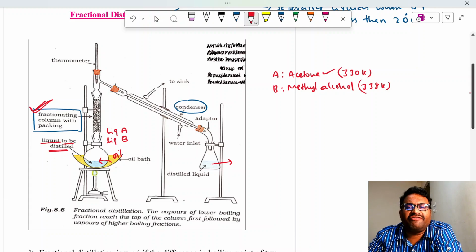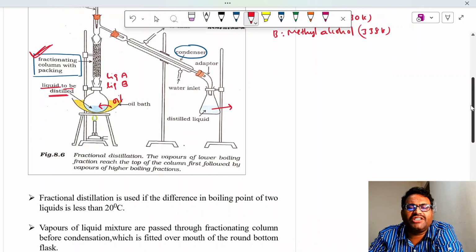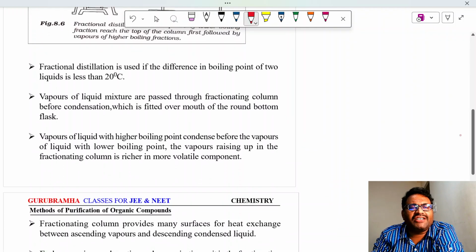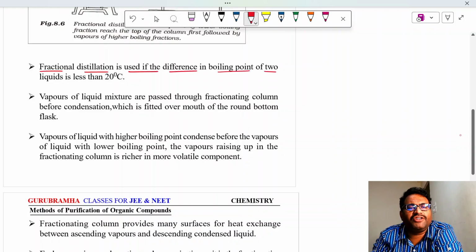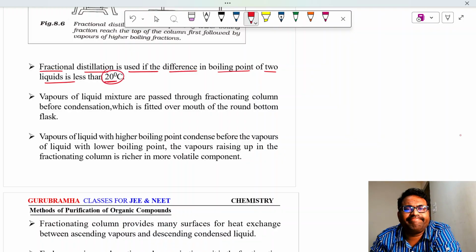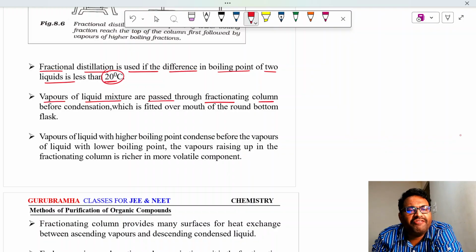So what happens in the fractionating column? What is the process? We shall see. Fractional distillation is used if the difference in the boiling points of the two liquids is less than 20 degrees centigrade. Vapors of the liquid mixture are passed through the fractionating column before condensation, which is fitted over the mouth of the round bottom flask.